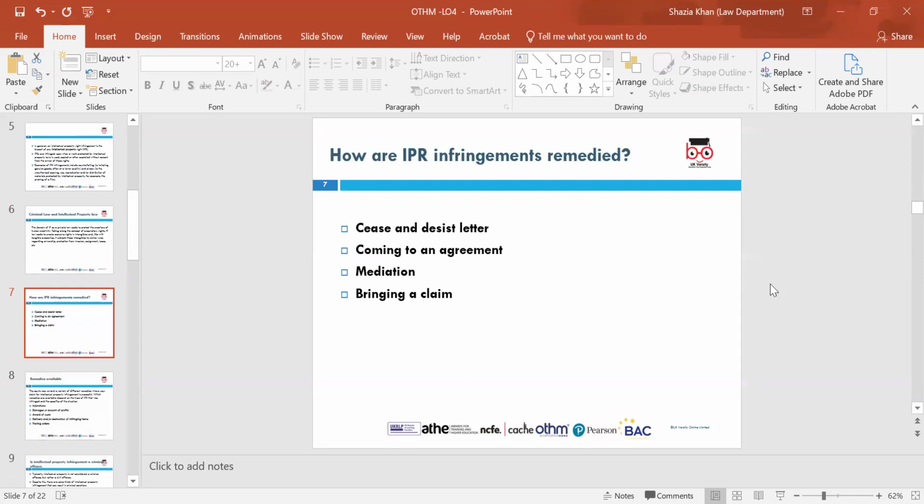So how are intellectual property infringements remedied? So the first one is the cease and desist letter.